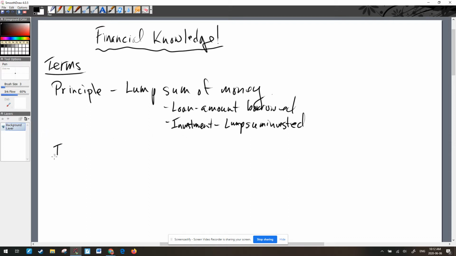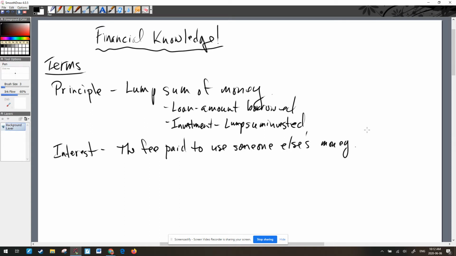And we've talked about this before again, but interest. So what is interest? Interest is basically the fee paid to use someone else's money. So if you have a loan, it's the fee to use the bank's money.